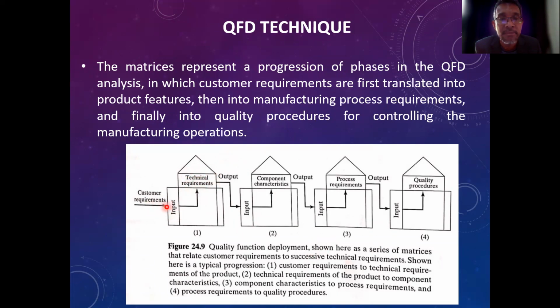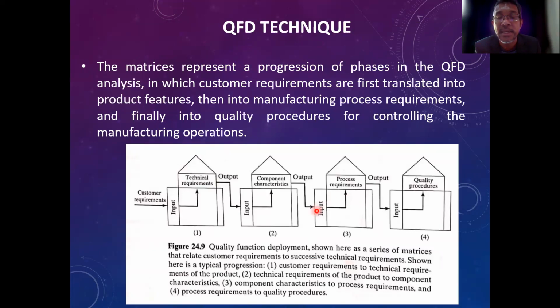So we have several technical requirements, and then these requirements will be given as an input to the next phase to find out the component characteristic, also the product features. So this will be an output of this process, but will be input for the next process, which is the process requirement.